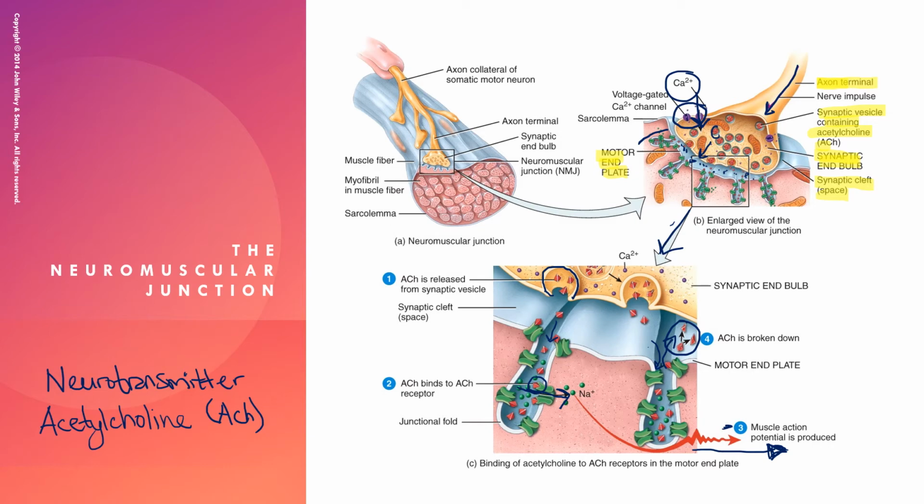It'll be released, and then if it's not broken down, it can bind again and again and again, causing more and more action potentials and causing your muscles to contract and contract and never to be relaxed, because that acetylcholine keeps on triggering muscle action potentials. So because of that, we have to have these processes in place to actually break down the acetylcholine once it's used.